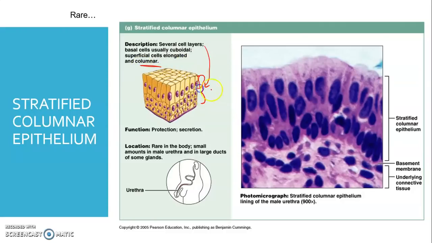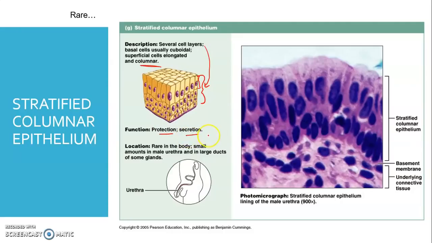Around here, this is the columnar. And around the basement membrane, don't be confused: the shape looks like cuboidal, but at the end it will become the columnar shape. The function is protection plus secretion.